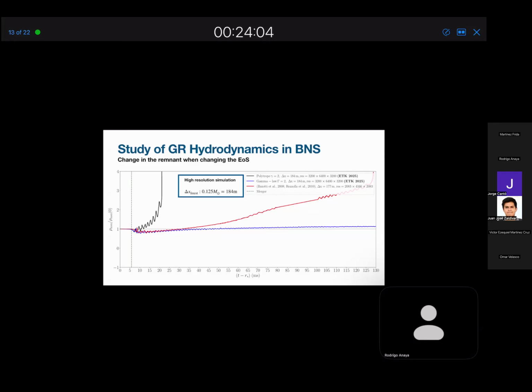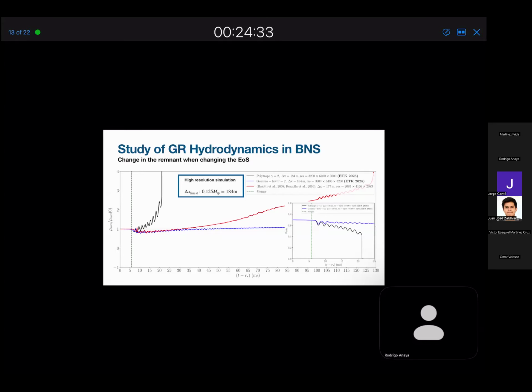So for this case, I compare the polytrope with the addition of the thermal crust equation of state as a gamma law, which also, I didn't mention it here, allows us to have a configuration that has reheating, and that makes this hypermassive neutron star oscillate for a long period of time. So this is why we have this extension of the evolution.